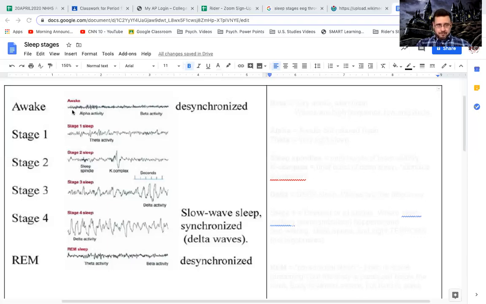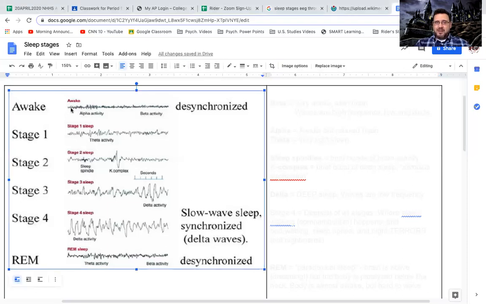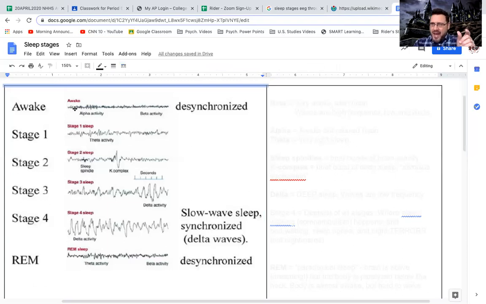Follow my cursor here. So when we see, like in this little section of brainwave here, see how there's a bunch of waves compacted together? Like you could imagine the line on the EEG machine was going crazy, making these lines very quickly. They're very compact, okay?